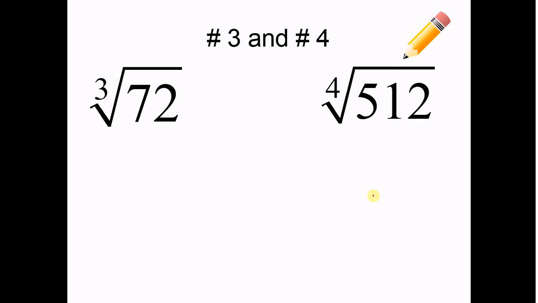Numbers 3 and 4. Let's take a look at this one. The cube root of 72. Just like last time, look at your perfect cubes table. Let's see if we can find a number that can go into 72 evenly.